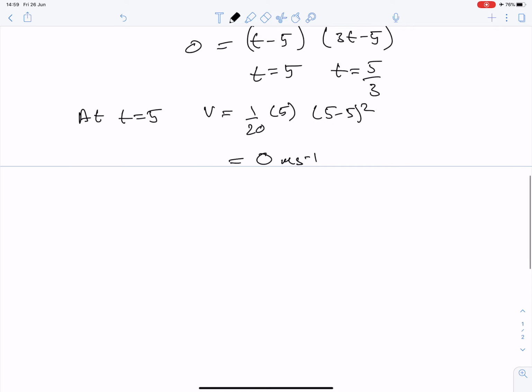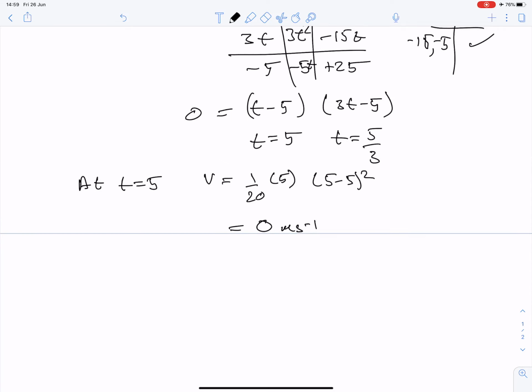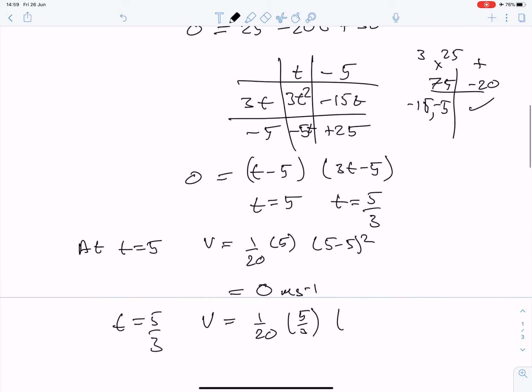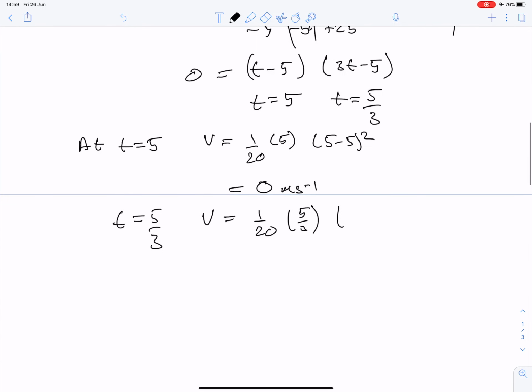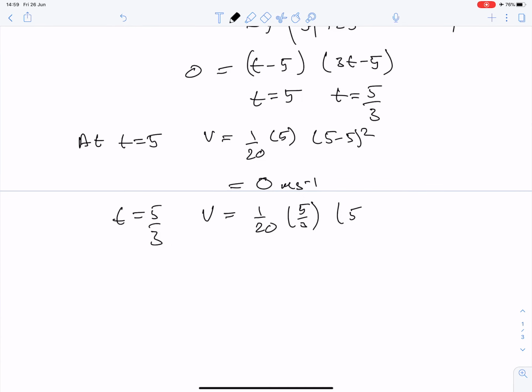And the second one, when t equals 5 over 3, v equals 1/20th of 5 over 3 times (5 minus 5 over 3) squared.